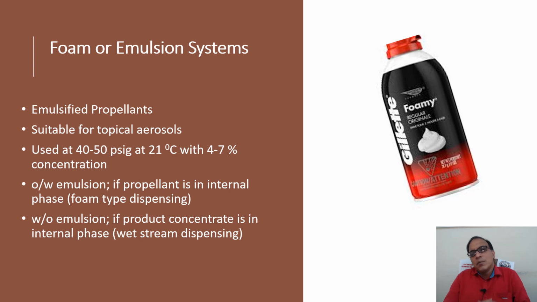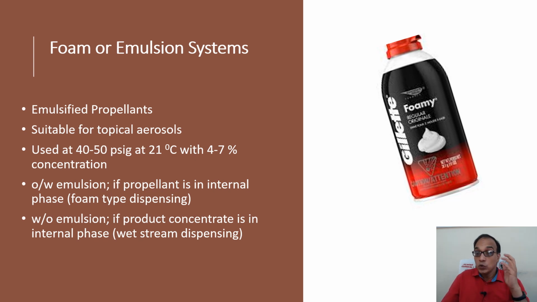Now foam or emulsion system. Emulsified propellants: whenever foam is there, it means an emulsion is formed. Here the propellant is emulsified. As you can see, you use your shaving foams. These are actually foam type aerosols, suitable for topical aerosols.